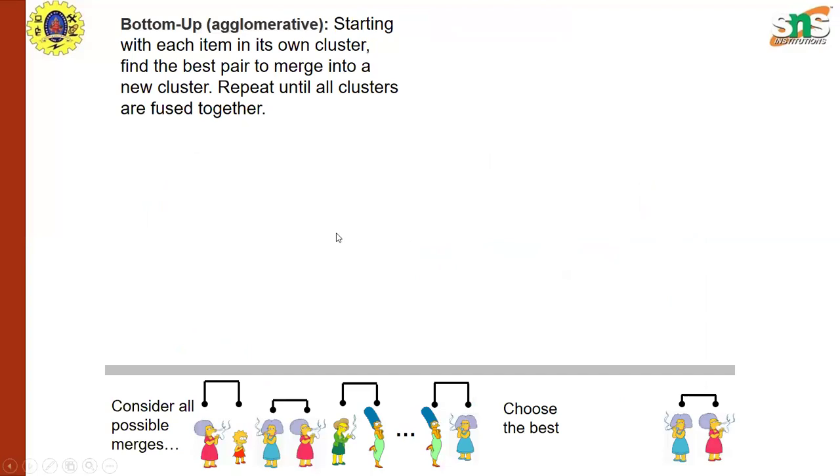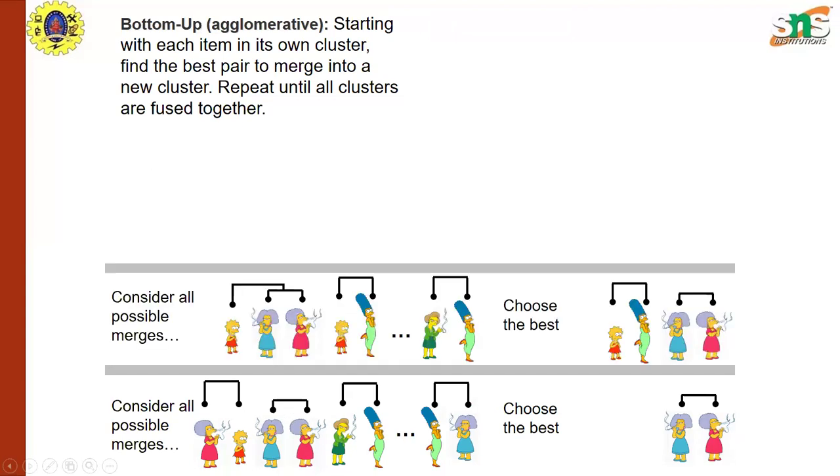In the bottom-up agglomerative approach, we start with each object in its own cluster, and then find the pair to merge into a new cluster. You can consider this bottom layer, where all possible merges are considered.